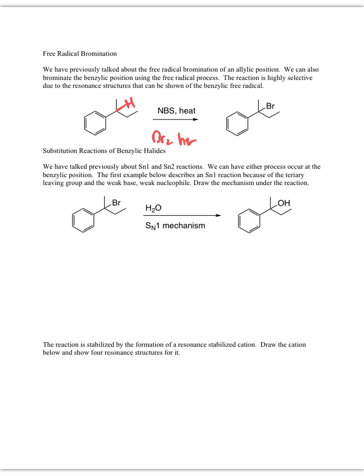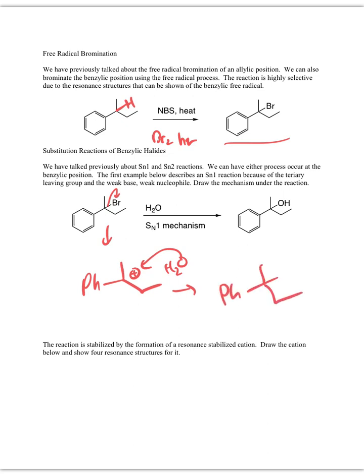Because remember, what can we do with a hydrocarbon? We can brominate it or we can burn it. There's nothing else we can do to a hydrocarbon. They are not reactive. So once we brominate it to make the brominated benzylic carbon, if it's a tertiary carbon, we can do an SN1, where we replace that bromine, in this case, with an oxygen by using water to add to our cation.